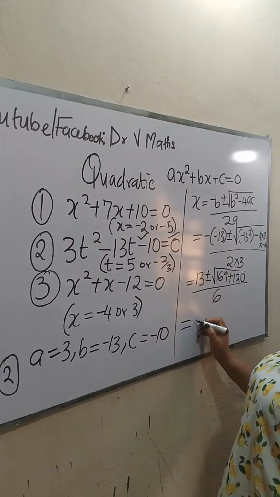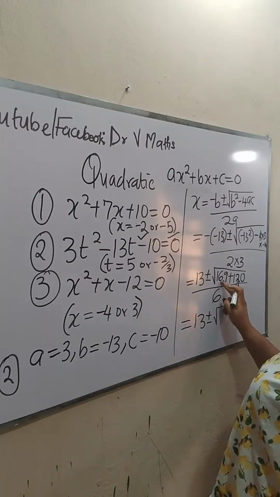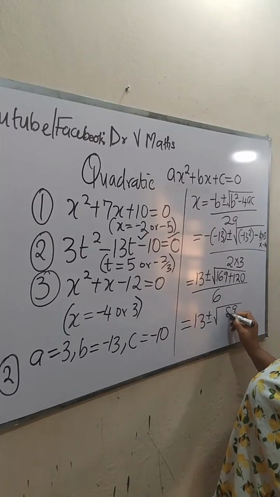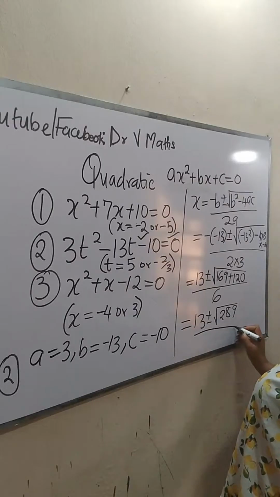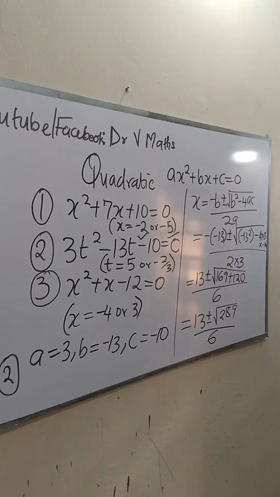So this is equal to 13 plus or minus the square root of 169 plus 120, which is 289. All right, all over 6. So can someone help me with the square root of 289?